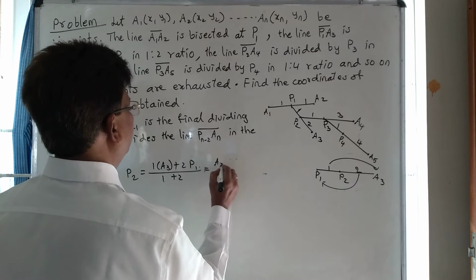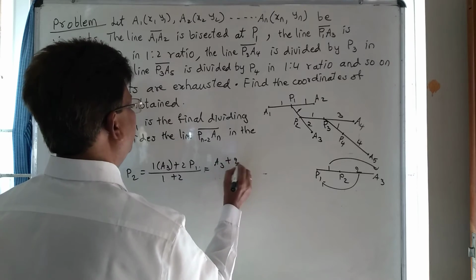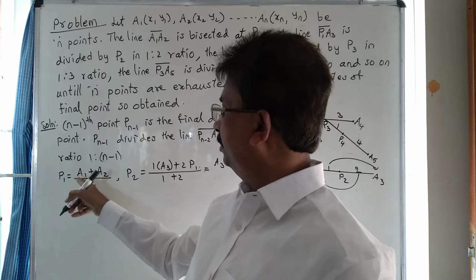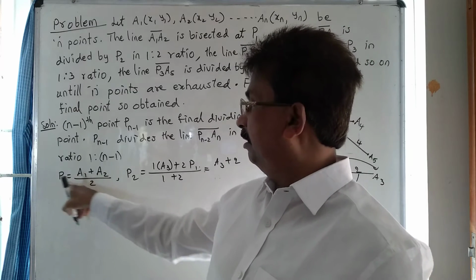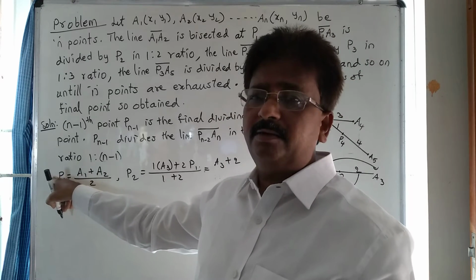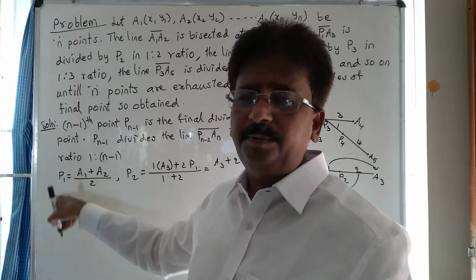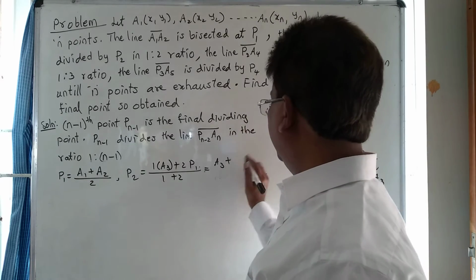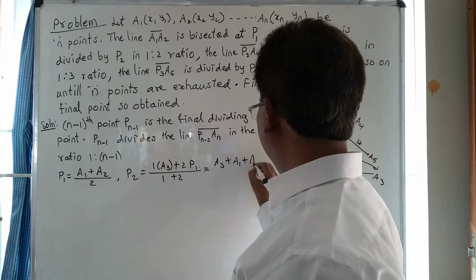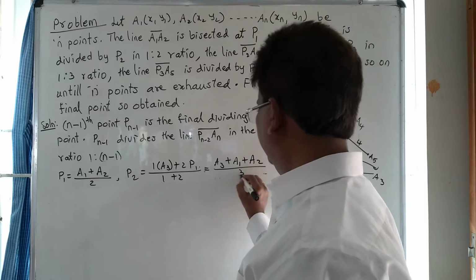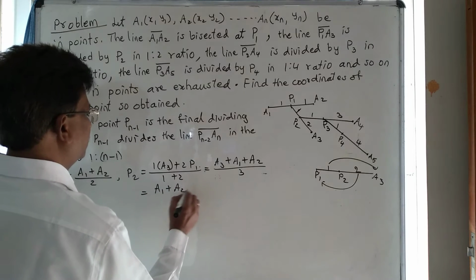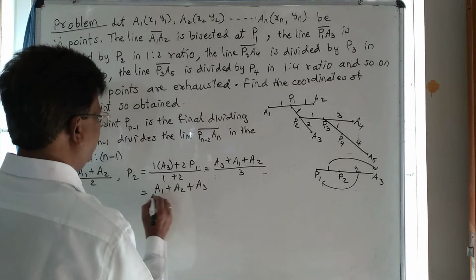So A3 plus 2 into P1, what is P1? A1 plus A2 by 2. 2 into P1, on making the cross multiplication, we get 2P1 equal to A1 plus A2. So let us write as A1 plus A2 by 3. Now clearly A1 plus A2 plus A3 by 3.